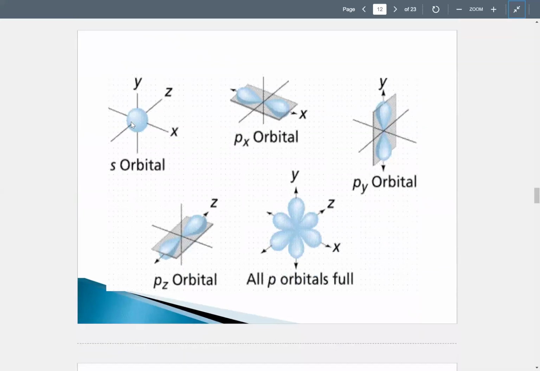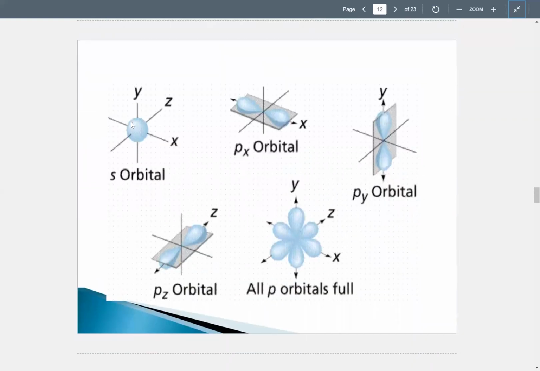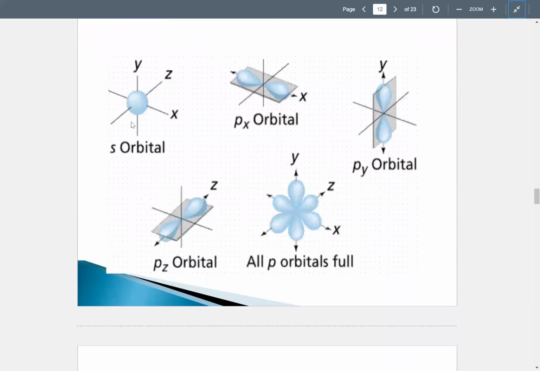You can think of it like holding a dumbbell. You can hold a dumbbell straight in front of you, that would be your X. You could hold it up and down, that would be your Y. And you could hold it pointing away from you, that would be the Z. Well, because of these 3 orientations in space that you can hold the dumbbell, you get the 6 areas where an electron can exist, which kind of looks like the everlasting gobstopper from the original Willy Wonka movie.